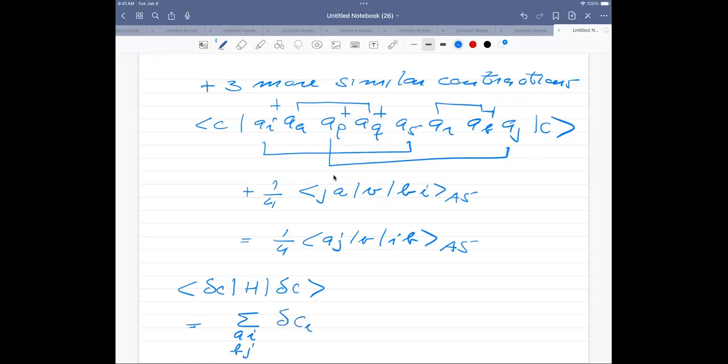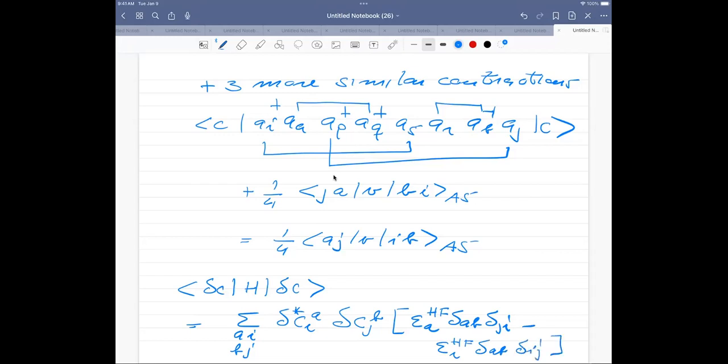I'm going to have a delta CIA, a delta CJB, and then I have an epsilon A, Hartree-Fock, with delta AB, delta JI, minus, and I have an epsilon I, Hartree-Fock, of delta AB, delta IJ.